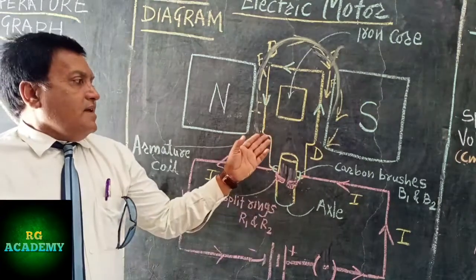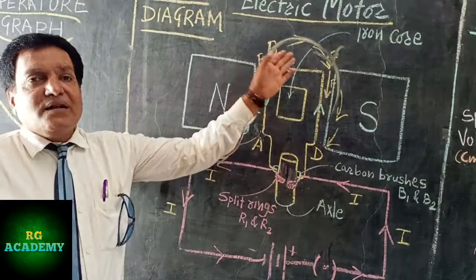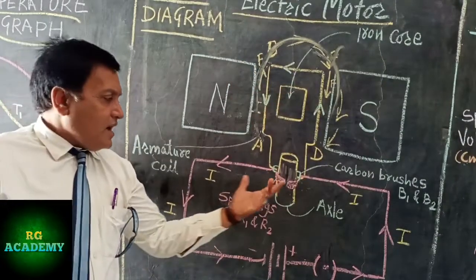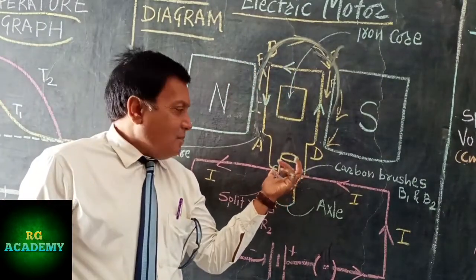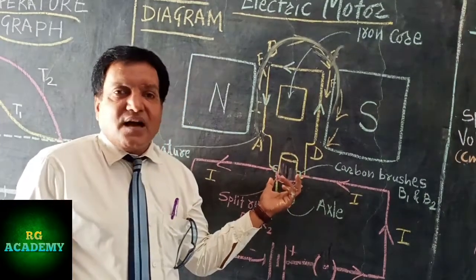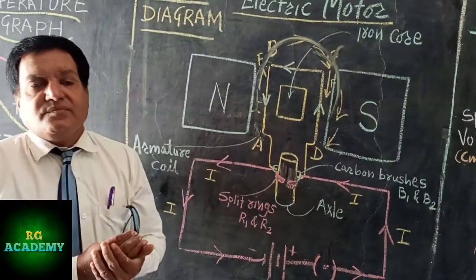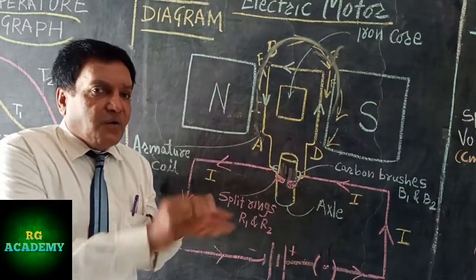And when this arm AB is in the vertical position, the contact between the brushes B1 and B2 and the commutator split rings R1 and R2 will break down.